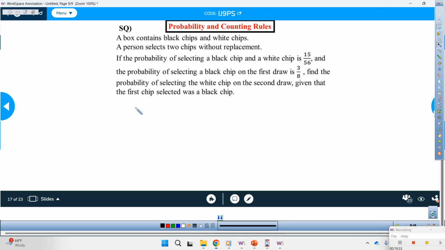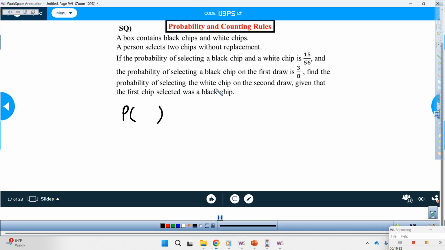So for this one, as you write your formula down, it says, example super Q, a box contains black chips and white chips. A person selects 2 chips without replacement. If the probability of selecting a black chip and a white chip is 15/56, and the probability of selecting the black chip on the first draw is 3/8.